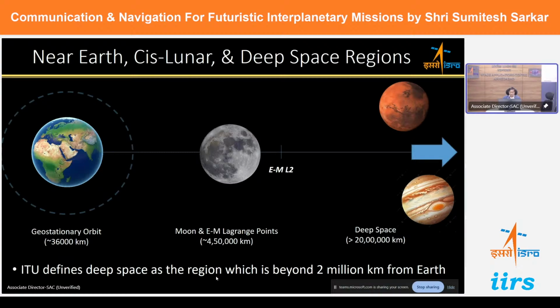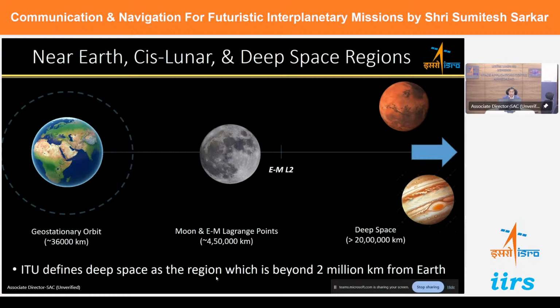Now coming to deep space, what is deep space? As I've told, a communication satellite may be at a geostationary orbit, that is at 36,000 kilometers. But that is not defined as deep space. The ITU, the International Telecommunication Union, controls all this communication globally, even into deep space.